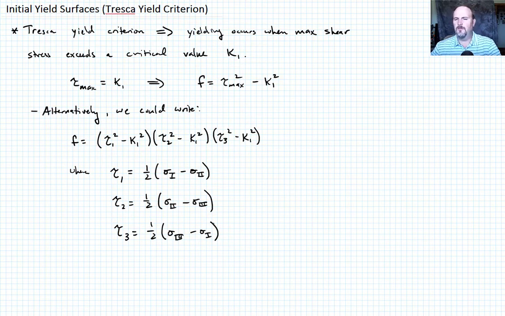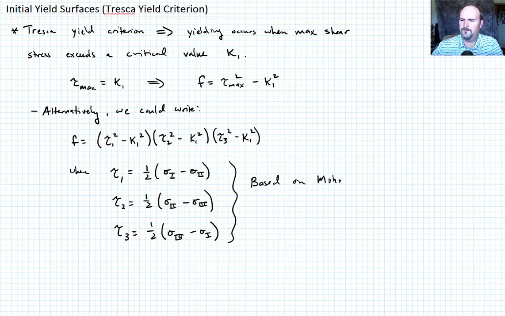So based on Mohr's circle, one of these must be tau max. So if you go back up to this equation here, what this says is that when this equals 0, it just means one of these factors must equal 0. So either tau 1, tau 2, or tau 3 is equal to tau max there.